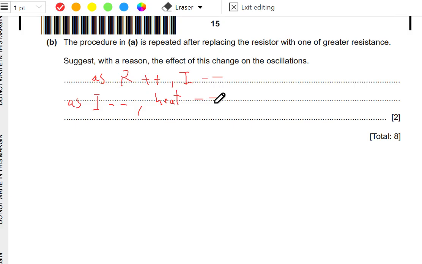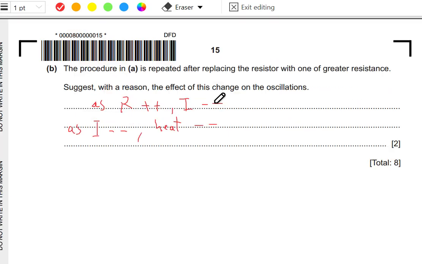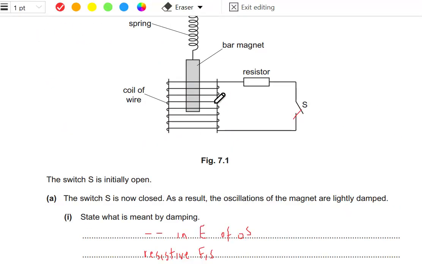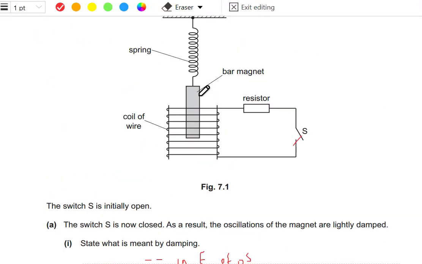We can use V squared over R, as V is the induced EMF related to rate of flux change. Rate of flux change didn't change because the oscillation of the spring didn't change. So delta phi by delta t didn't change, and induced EMF didn't change. So V is constant, just R changed.